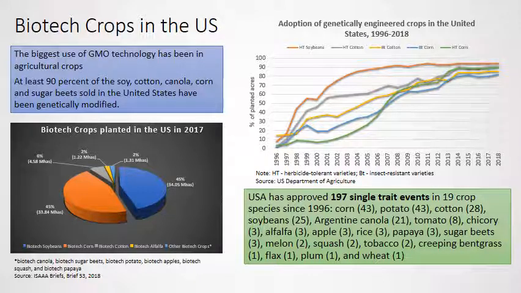The figure on the right shows adoption of genetically engineered crops in the United States from 1996 to 2018. So far, the US has approved 197 single trait events in 19 crop species since 1996, and they are listed in the text box on the bottom right.